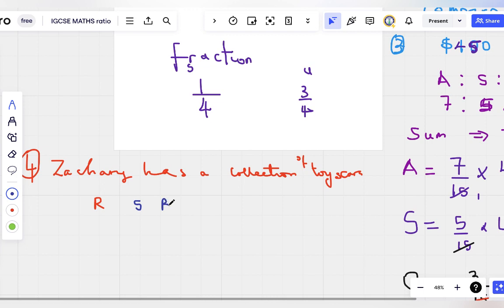So for red, he has 12. So we just put it in the ratio straight away so that we can move ahead. And he has 9 silver cars. And then he has 4 blue cars. These are his toy cars.